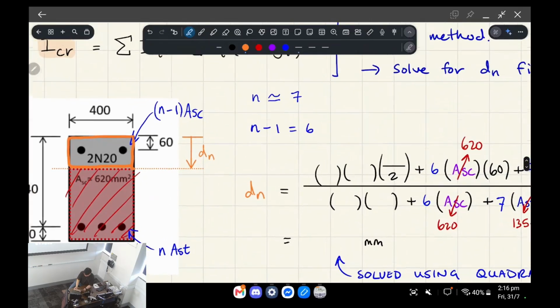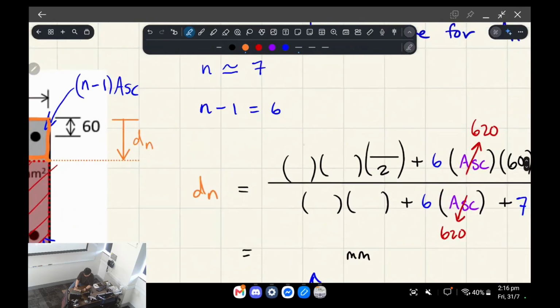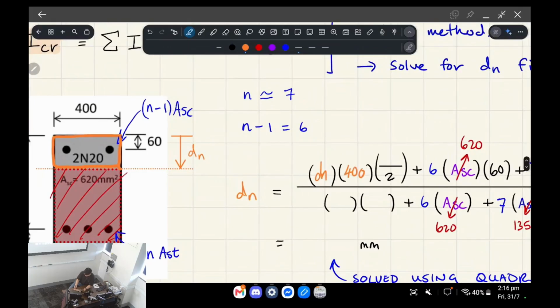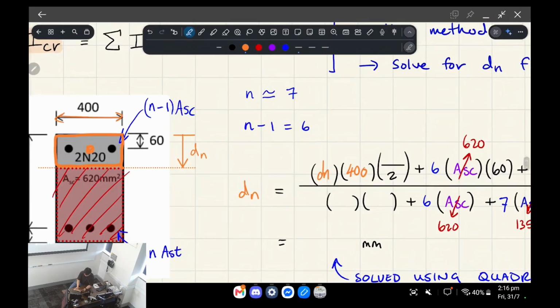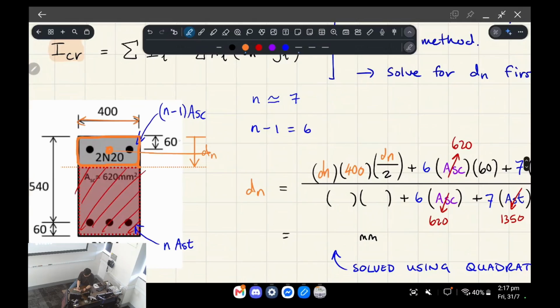Previously the depth was 600, and now it's going to be equal to our depth to the neutral axis, dn. We multiply it by the width, which is 400 and stays the same. And the middle of this distance is going to be dn on 2.